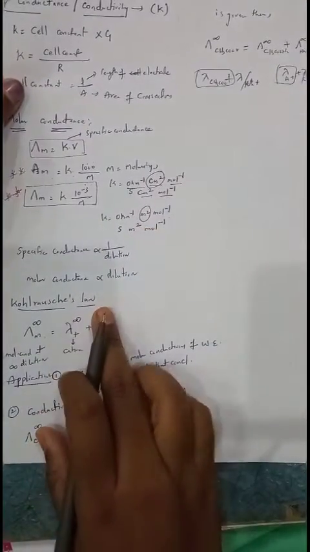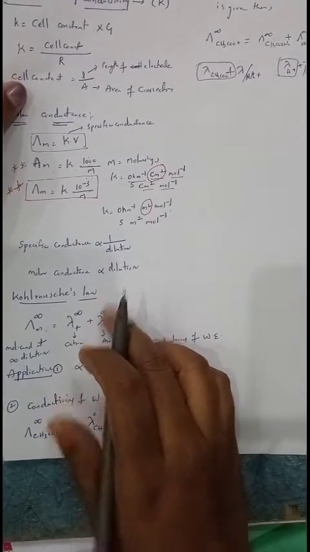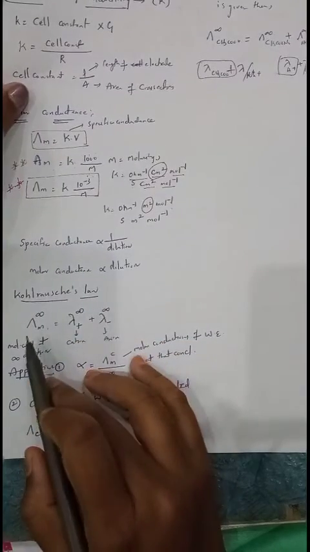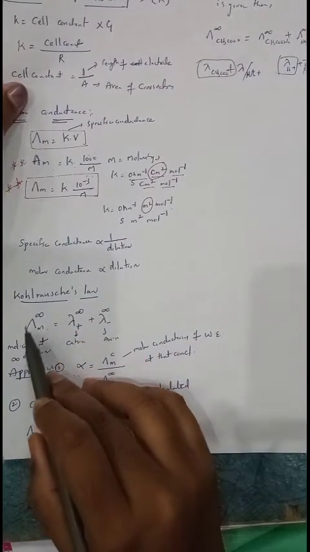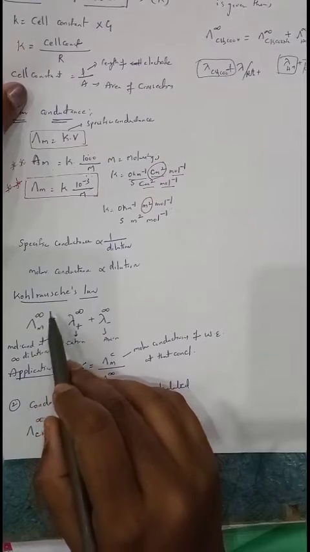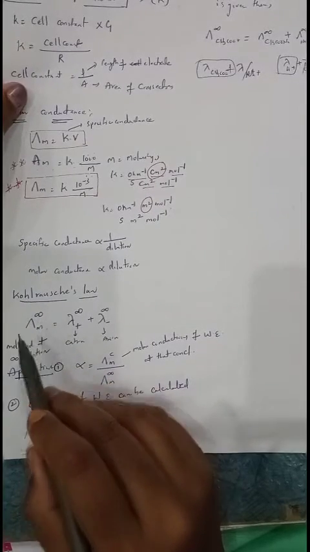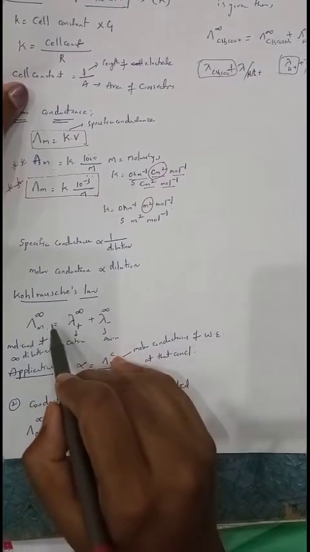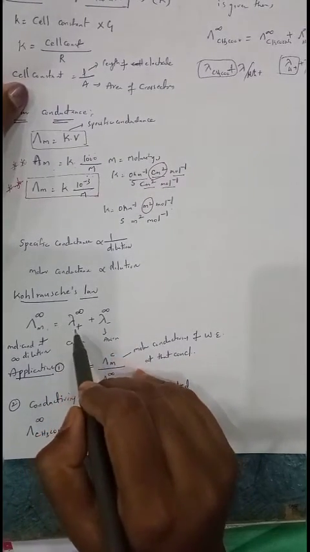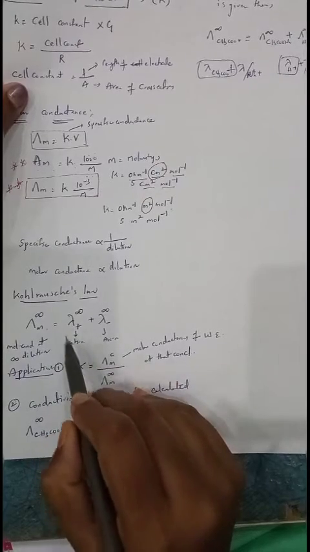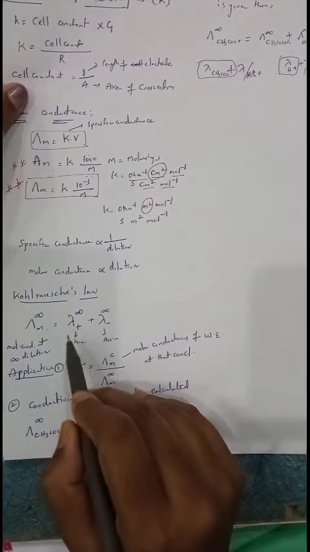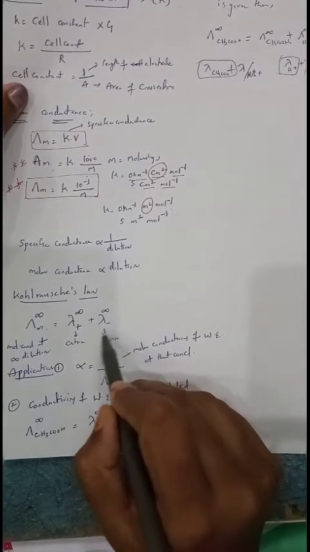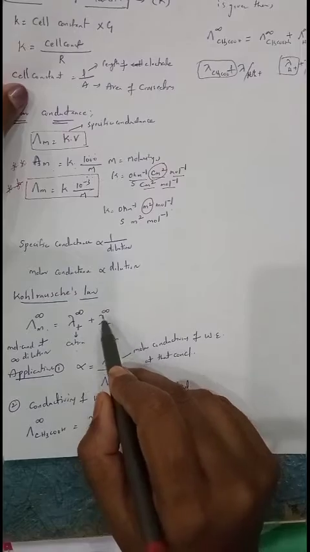Next, Kohlrausch law. Kohlrausch law is used to find the molar conductance, that is lambda m, at infinite dilution. For a substance, lambda m at infinite dilution equals lambda of the positive ion, that is the cation, plus lambda of the negative ion, that is the anion, at infinite dilution.